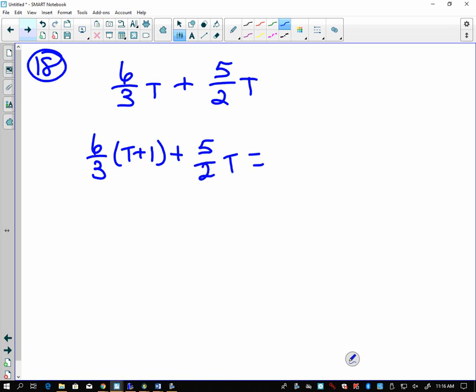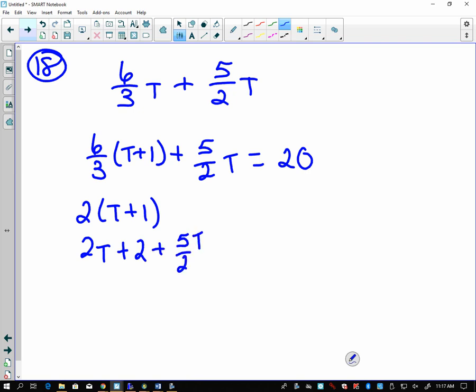We want to know how long it's going to take them to do 20 loads. We can reduce 6 over 3 to 2, so we have 2 times t plus 1. That simplifies to 2t plus 2 plus 5 halves t equals 20.